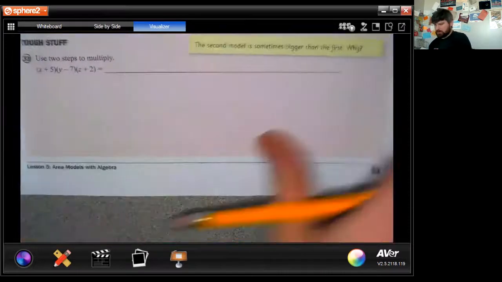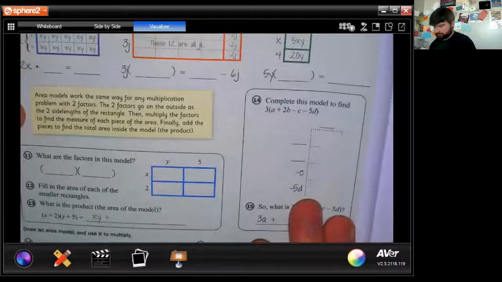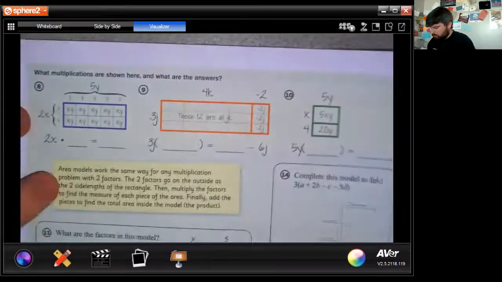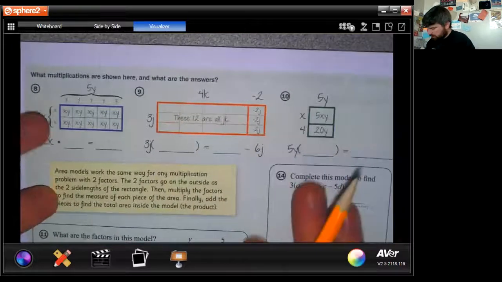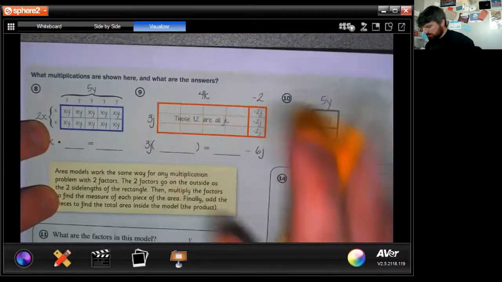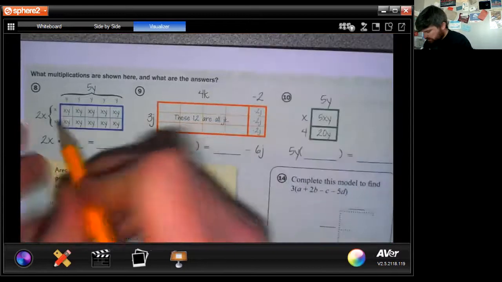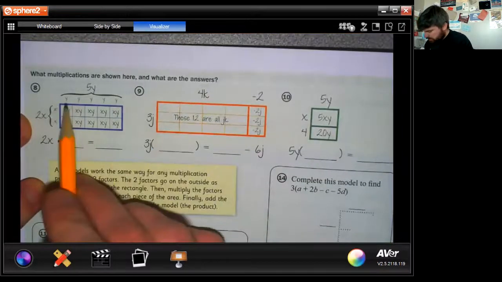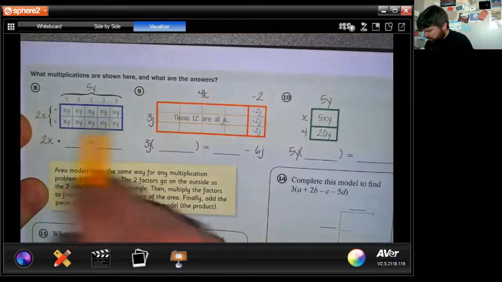All right, page 22 will be the last one in this section here. What multiplications are shown here and what are the answers? Okay, so you have 2x, because there's 2 x's right there, and you got 1, 2, 3, 4, 5 y's.